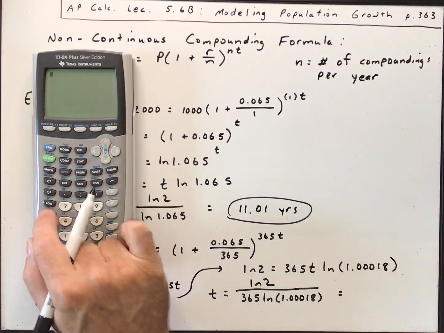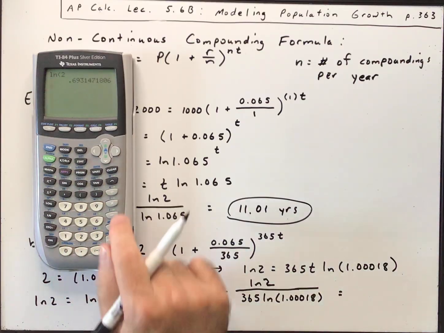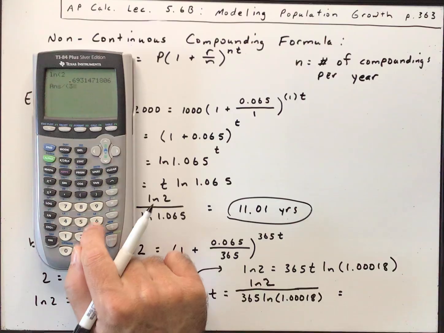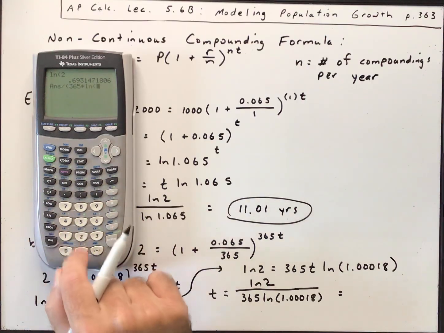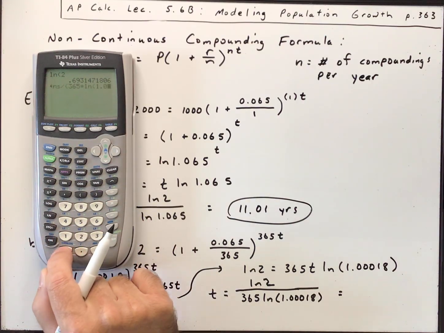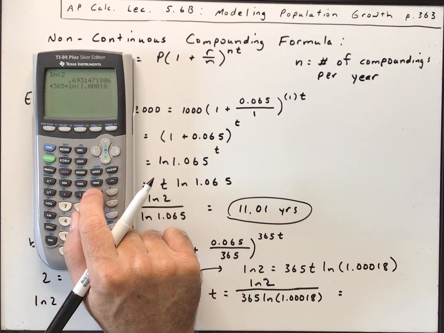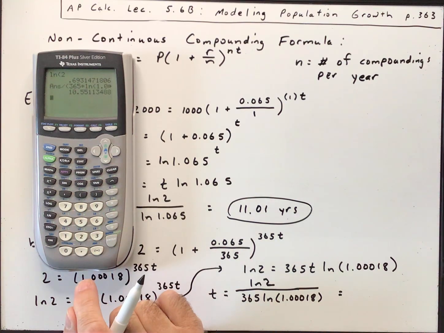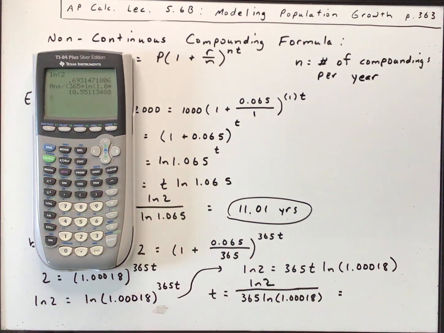We've got the natural log of 2 divided by, I'm going to do a left parenthesis, 365 times the natural log of 1.00018, right parenthesis, and that is 10.55 years.